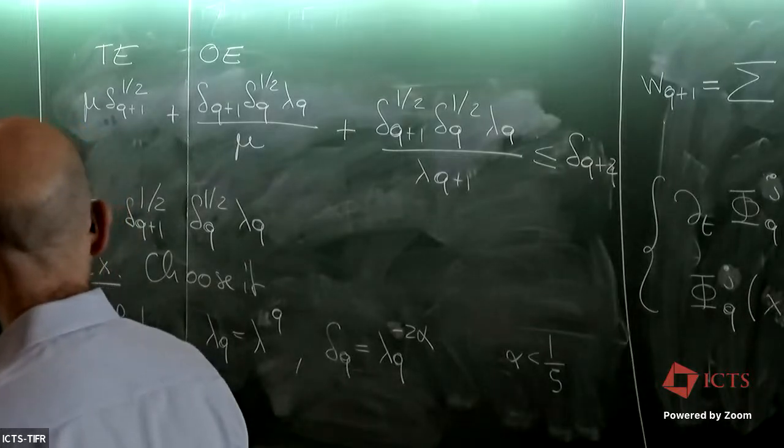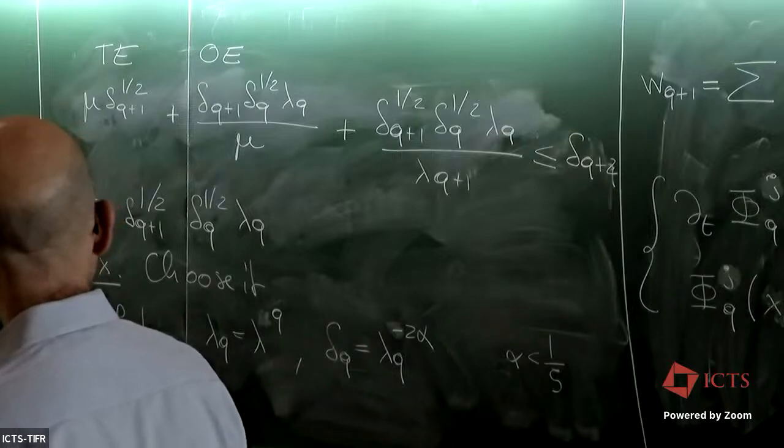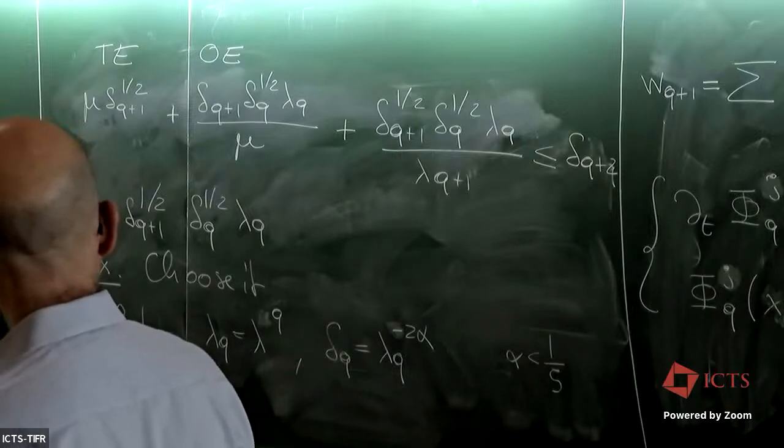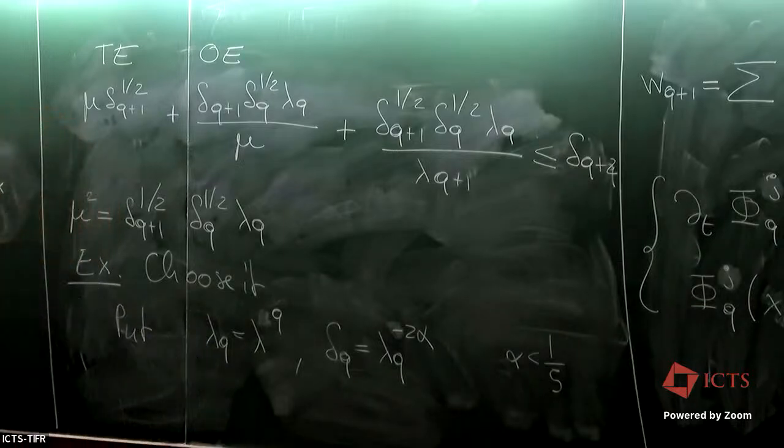No, mu has to be much larger than delta q to the 1/2 times lambda q. It's a very, very valid point. I did get something smaller. It seems so. So what did I do wrong? Okay, the oscillation error there is correct.